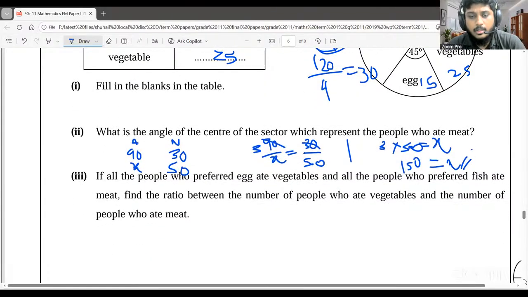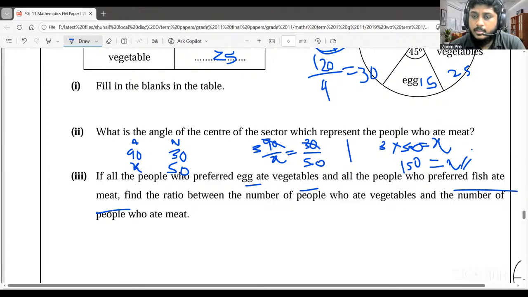Next one. If all the people who preferred egg ate vegetables and all the people who preferred fish ate meat, find the ratio between the number of people who ate vegetables and the number of people who ate meat. What are they telling? All the people who preferred egg ate vegetables, 15 and 25, altogether 40 people. So 40 people ate vegetables. And all the people who preferred fish ate meat.